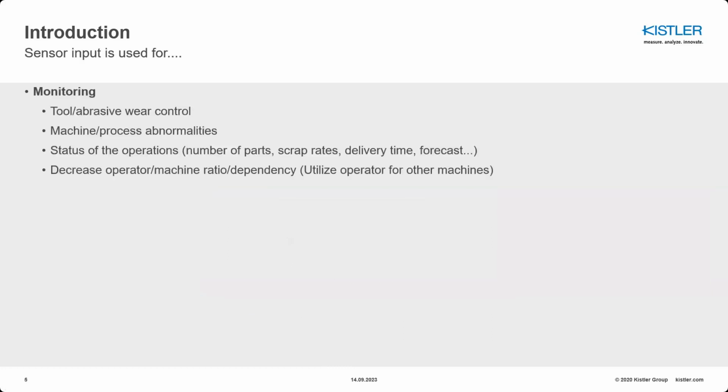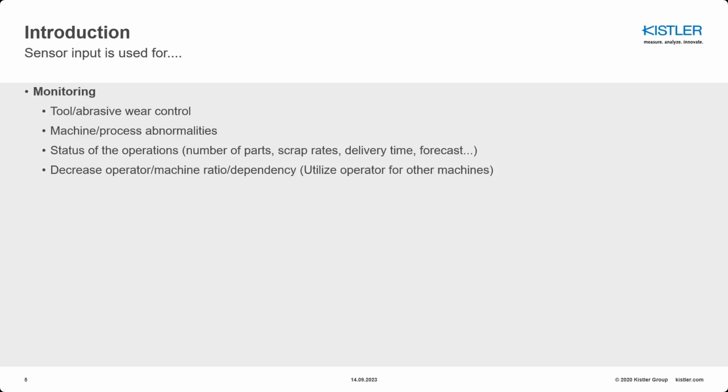We are talking a lot about monitoring. The sensor input is used, but for what, really? When it comes to monitoring, we are using cutting tools, we are using abrasives, and there is a very clear correlation between the wear state of those abrasives and tools and the part quality, right?